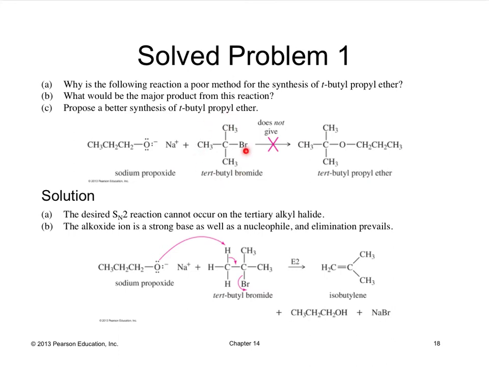Well, it's bad because this is a tertiary alkyl halide instead of a primary alkyl halide. As a result, instead of doing SN2, it'll deprotonate the proton here, forming an E2 elimination, generating isobutylene, the alcohol, and sodium bromide.